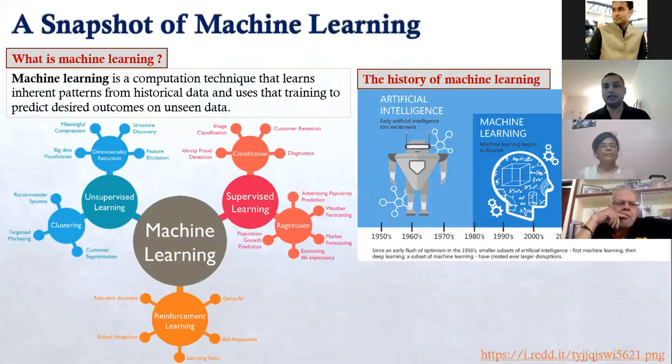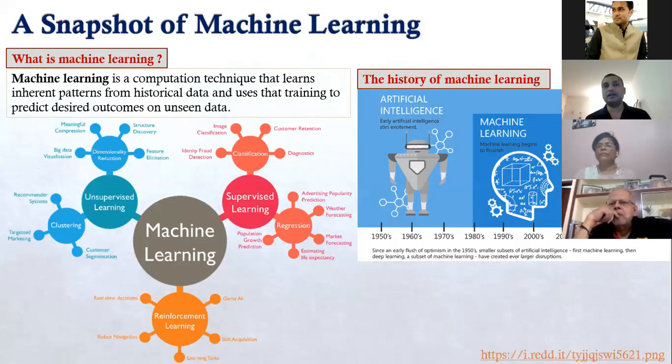So I'll briefly talk about machine learning, and I have created a very layman language explanation of it. Most of you may have that understanding, but briefly, machine learning is a computation technique. In this technique, we train a system, a machine, which learns patterns from historical data that we provide to it.